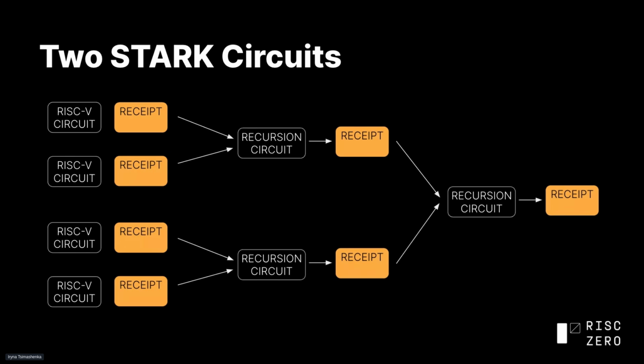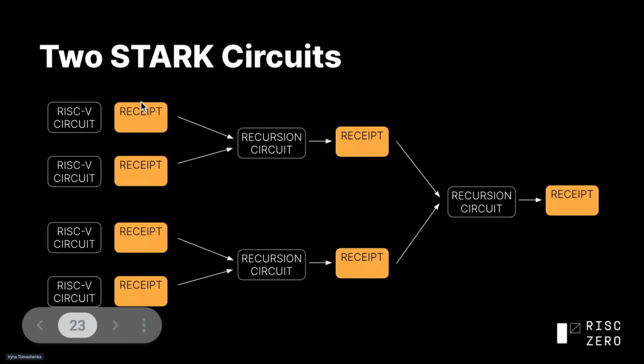So let's look at the recursive proving that we have. Recursive proving is when you take several ZK proofs and compress them into a single proof. So you aggregate proofs into a single proof. These orange objects on the slide are receipts, right? On the first layer here, there are 4 receipts that have been generated by the RISC-V circuit.